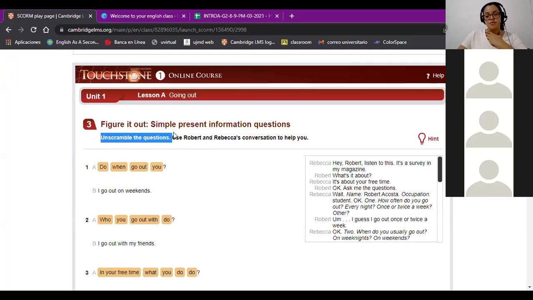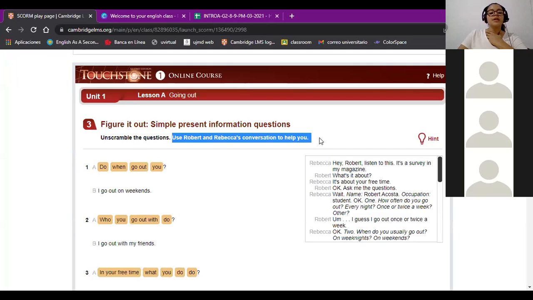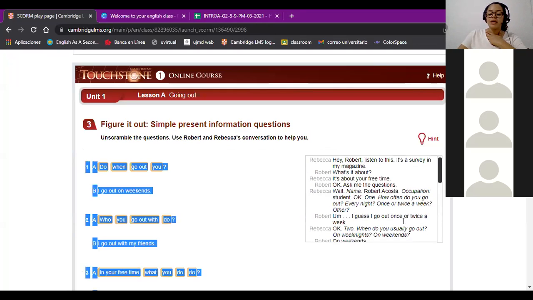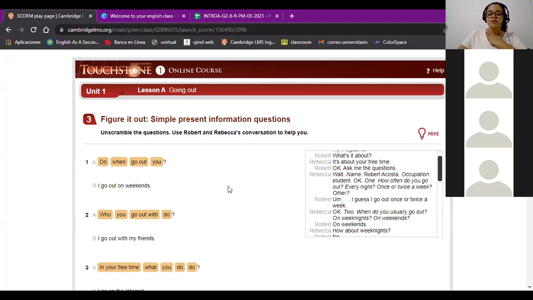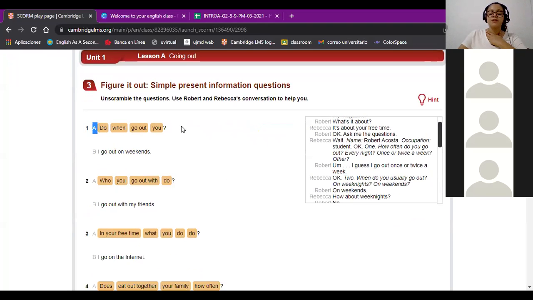Okay, so let's start. The instruction says: unscramble the questions. Use Robert and Rebecca's conversation to help you. So you're gonna use these to put these words in order.